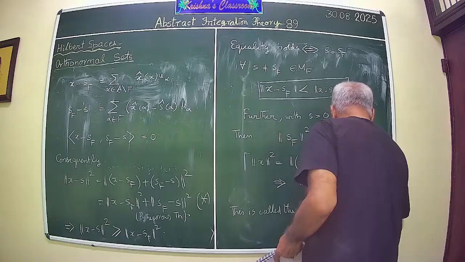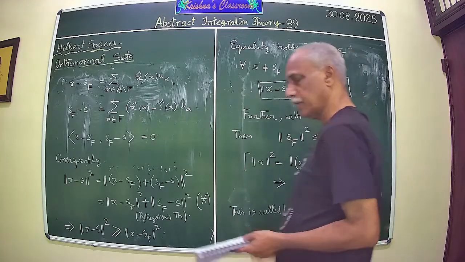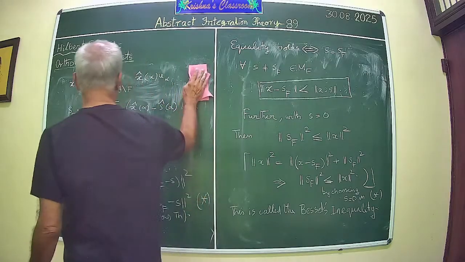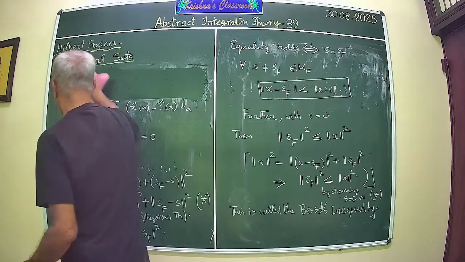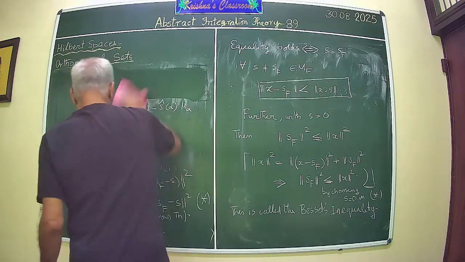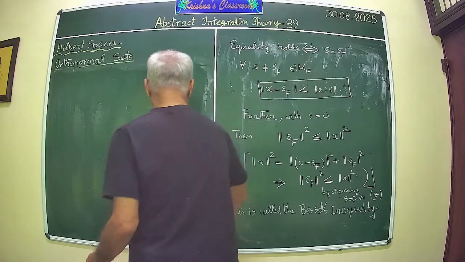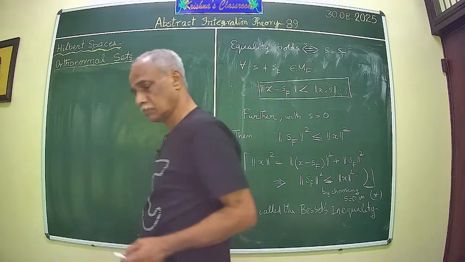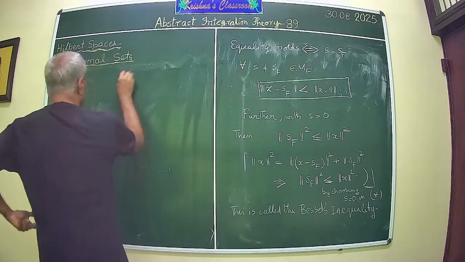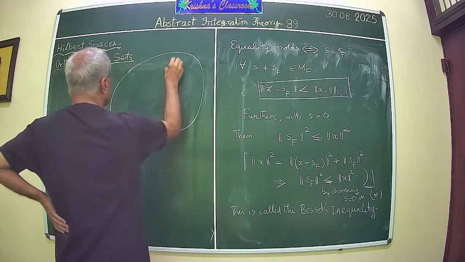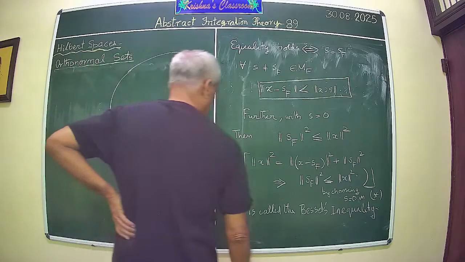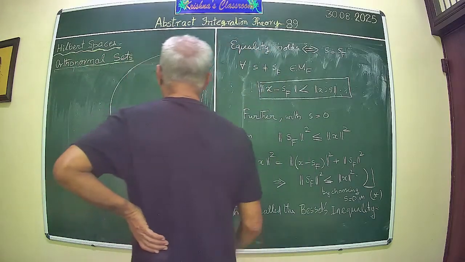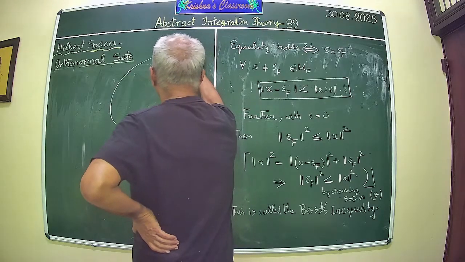So let us now sum up the whole thing. Okay. So let me just sum up the whole thing. What we have: this is H, a space with an inner product. Now you have what you call a dual.